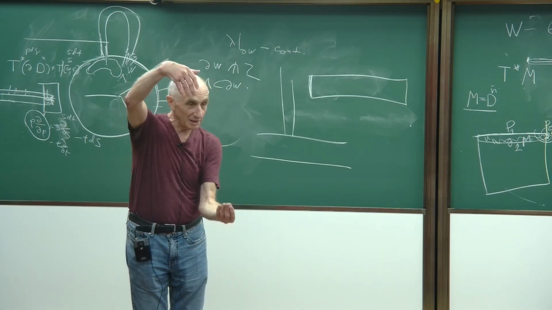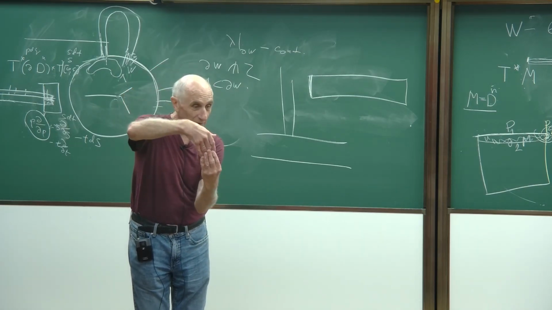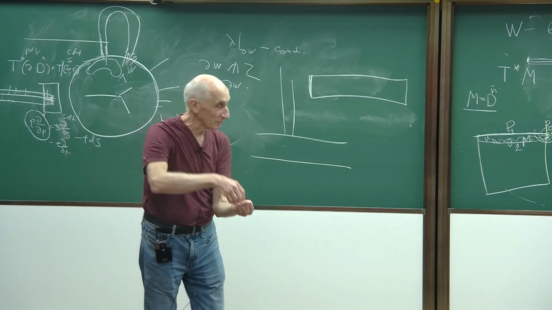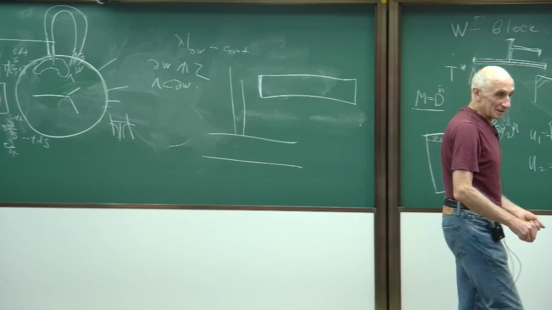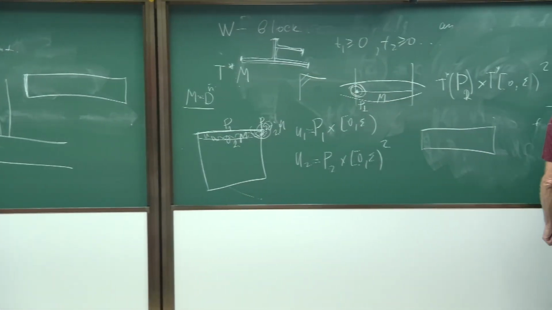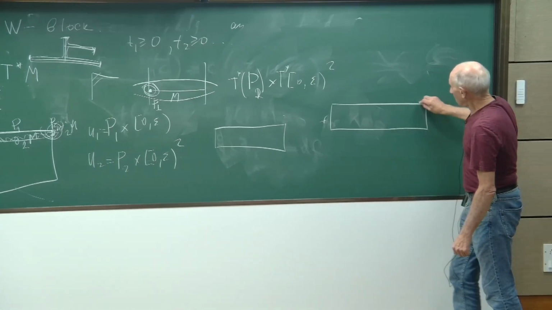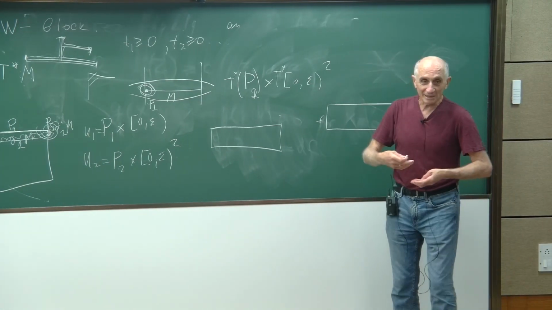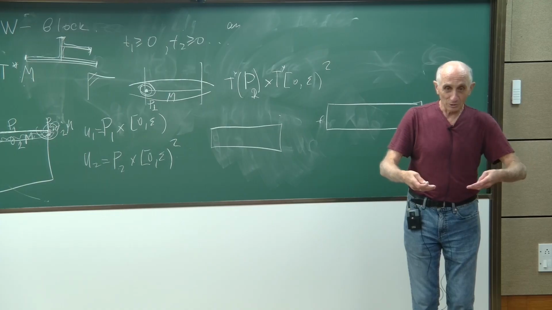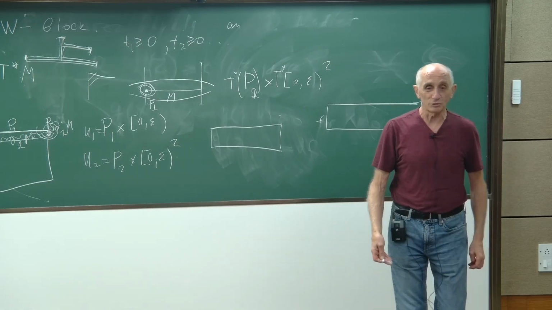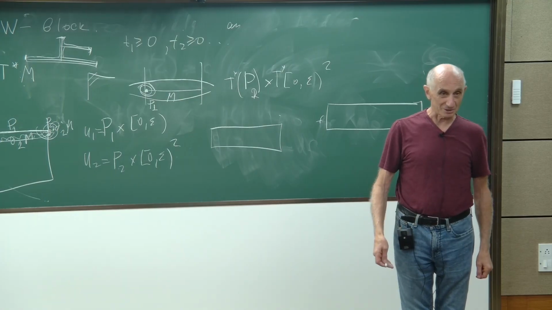So this operation which you do by attaching a handle is in fact a much more general operation, where you can take what I call W blocks and attach them to each other. Therefore, I would like to present Weinstein manifolds as what I call W blocks, and out of W blocks I want to make W buildings.